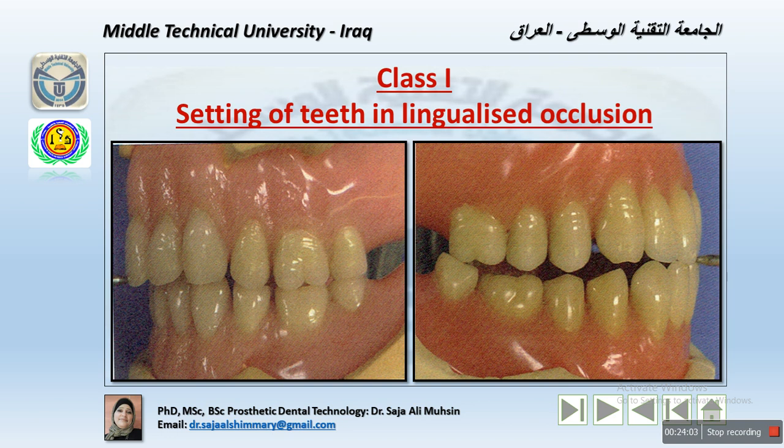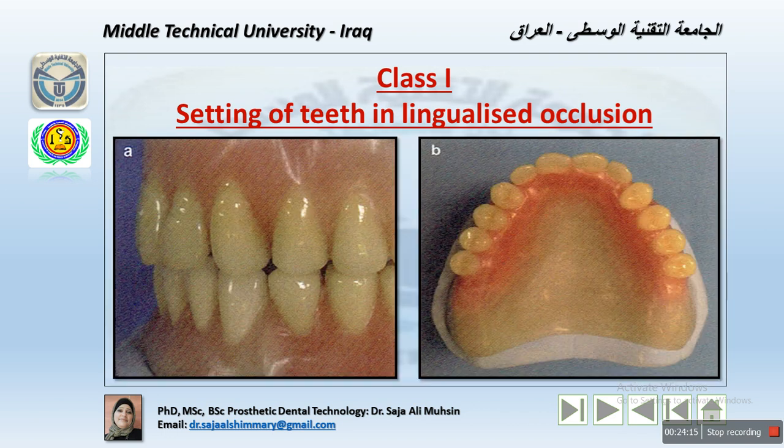Now, to increase the size of the occlusal table as well, the upper first premolar can be substituted for the upper canine, for example.